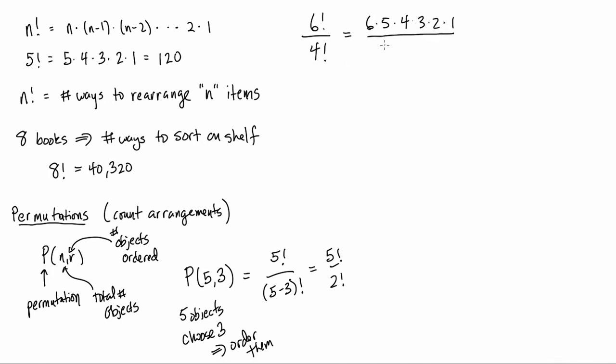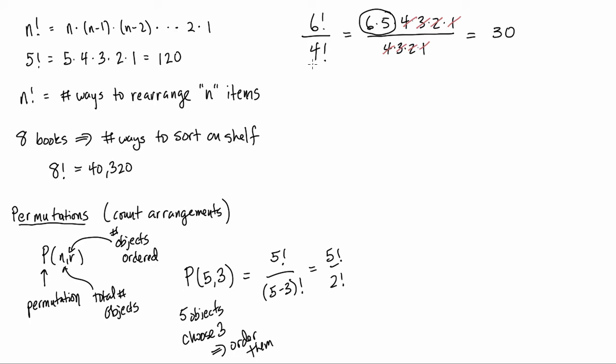And so you see in the bottom you've got 4 factorial, 4 times 3 times 2 times 1. So the obvious thing to see here at this point is that you're going to get some cancellations to occur. And the cancellations that occur are up to the difference between the two. It's going to leave 2 terms. So you see the difference between 6 and 4 is 2. That's why it left these 2 terms. And so 6 factorial divided by 4 factorial is 30.